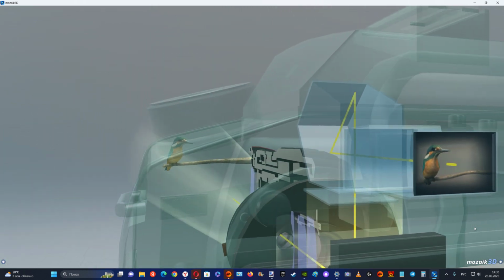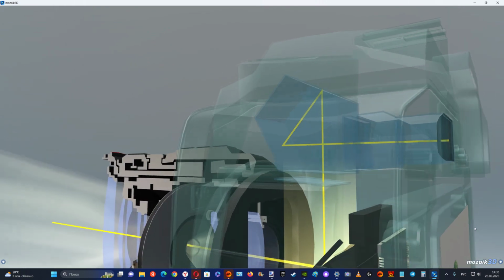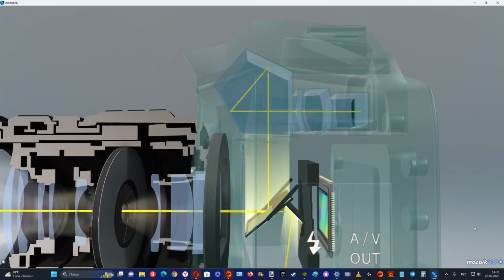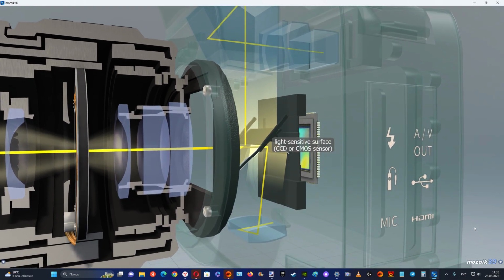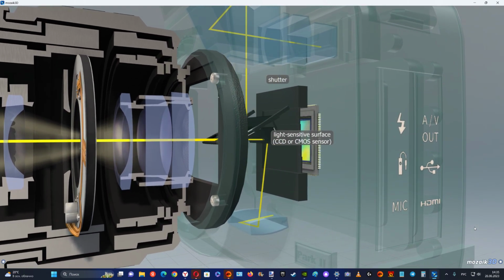This secondary mirror directs part of the light towards a focusing screen and then a sensor array to operate the autofocus system. When we take photos, the mirror flips up, and the light travels straight through the shutter, which opens at the same time, allowing it to reach the light-sensitive surface, that is, the image sensor.